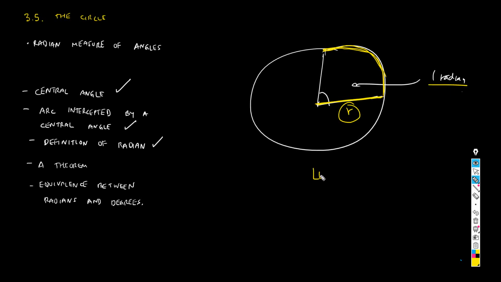So this is much less arbitrary than the degree. It's also more aesthetic. You should appreciate how, at least to me, this is a pretty aesthetic definition. It's a very nice definition, a very mathematical one. It doesn't rely on a seemingly random number. Like why 360? It's very random, you see?